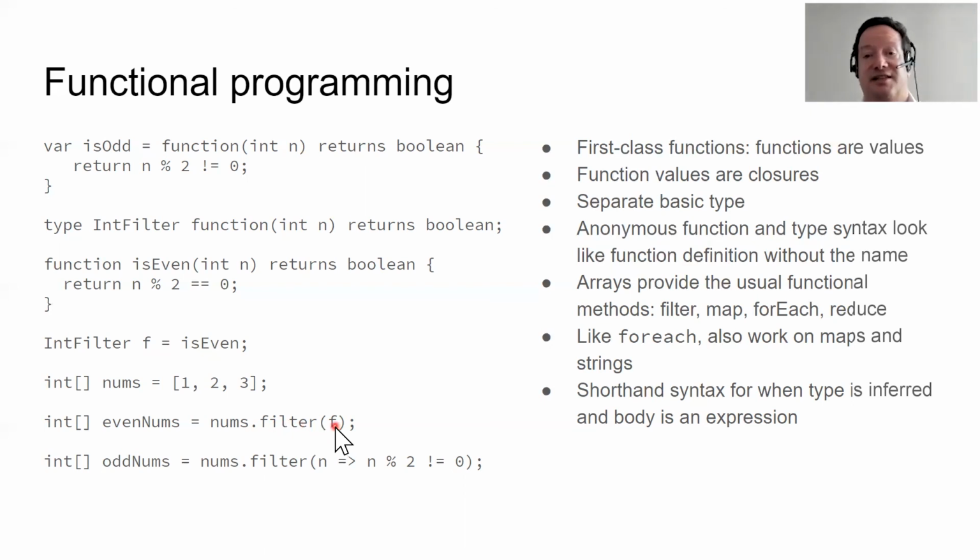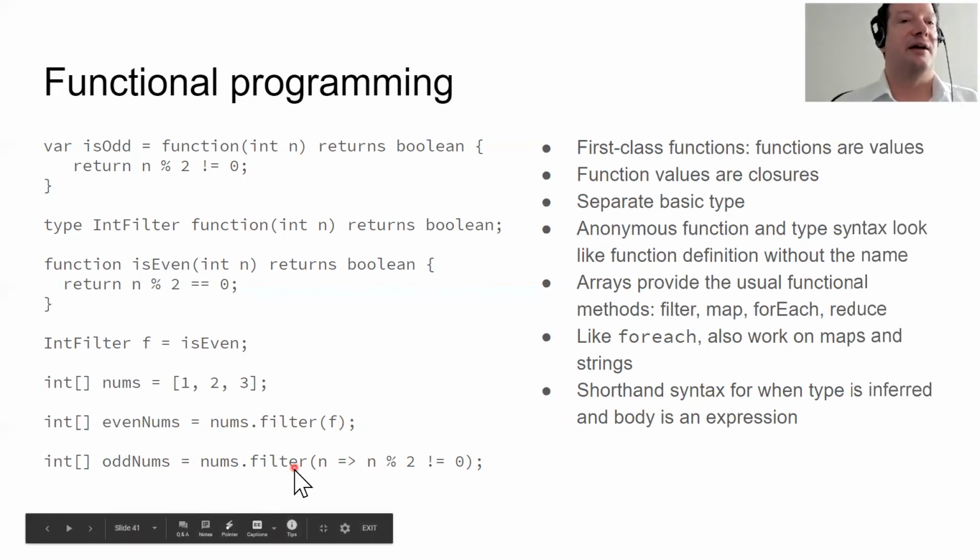Filter takes a function value as a parameter and gives you the things for which the function evaluates to true. So here I've assigned is even to a variable f, and I pass that into the filter function, and that will give me the even numbers.